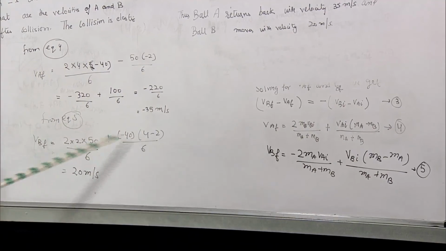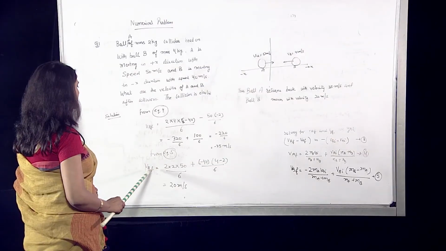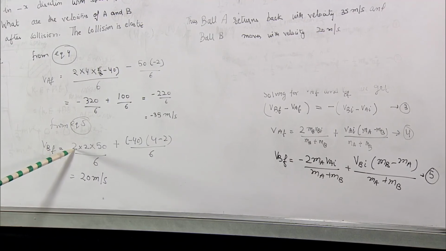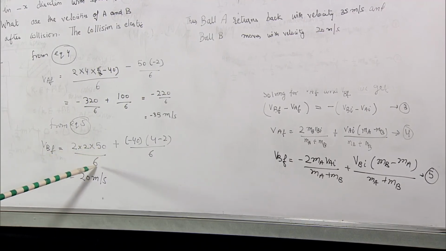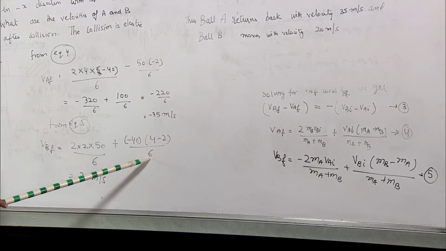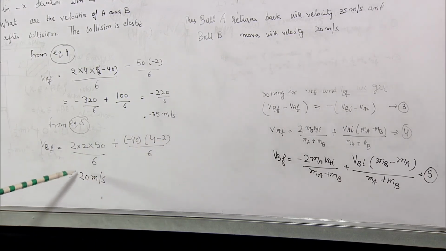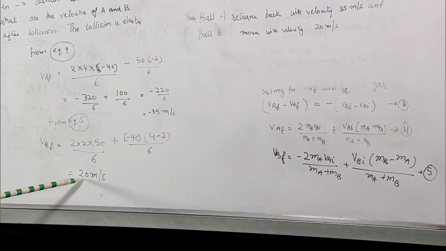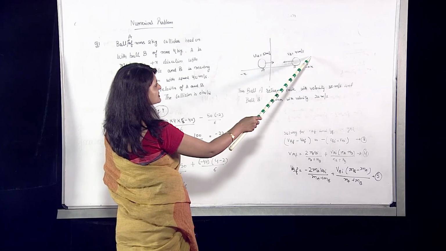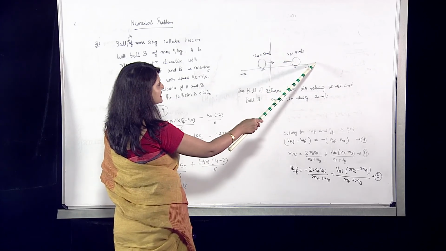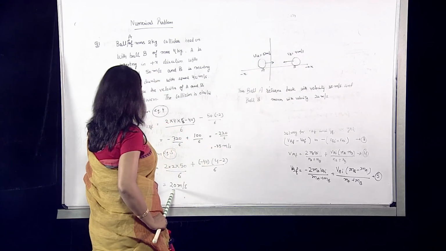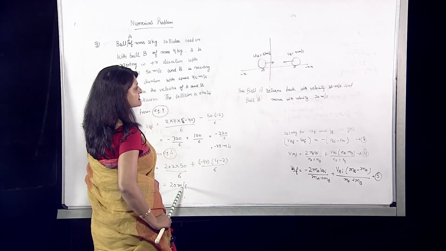While substituting these values in equation 5, the final velocity of B is equal to 2 into 50 by 6 plus minus 40 into 4 minus 2 upon 6. While solving, we get positive 20 meter per second. So, after collision, the ball is now moving towards the right, that is the positive x direction, and again there is a loss in velocity, it has come down to 20 meter per second.